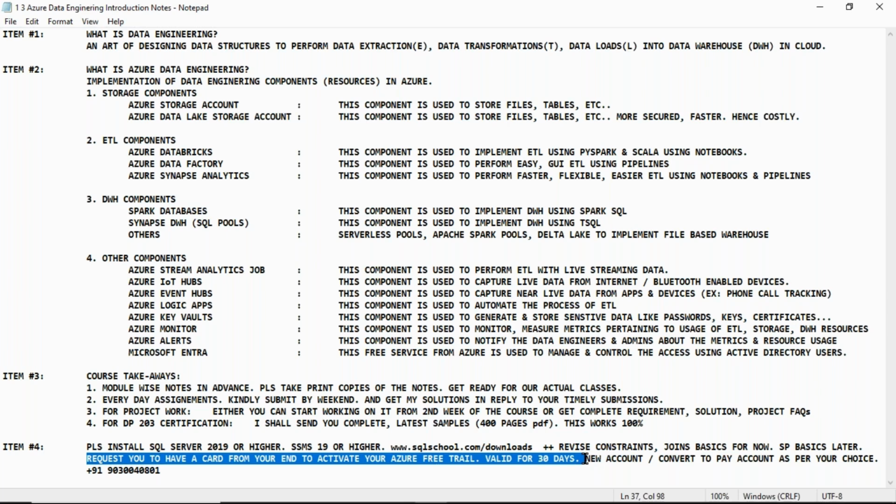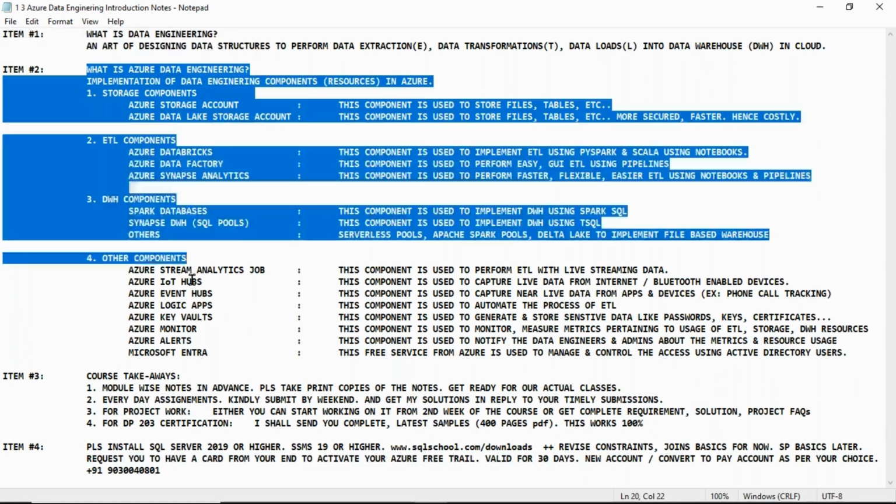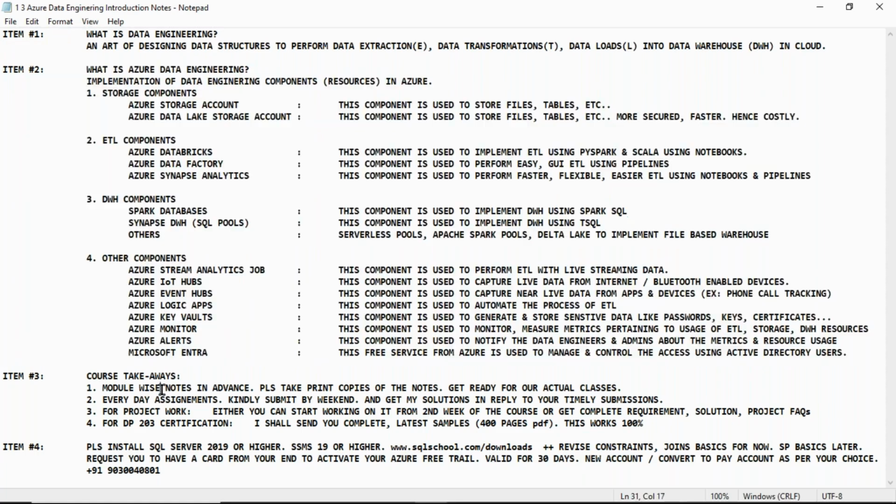So please make sure we use the free account only, to be on the safe side. Next, from here, we learn slowly what a data engineer is, what components we are going to learn, and the course takeaways. Any questions, please let me know.